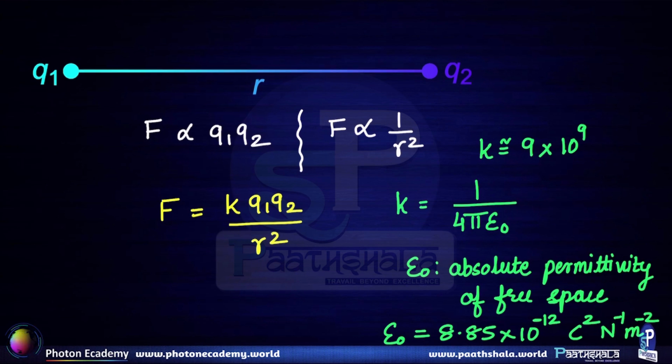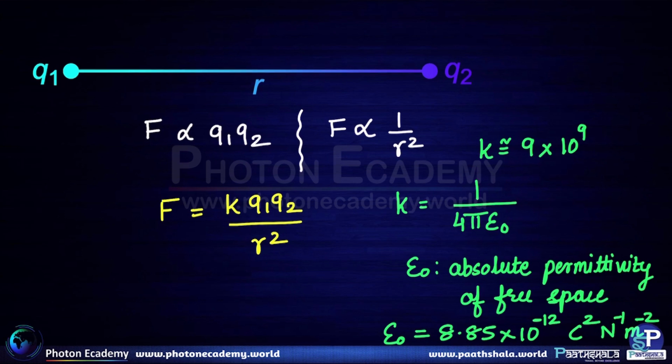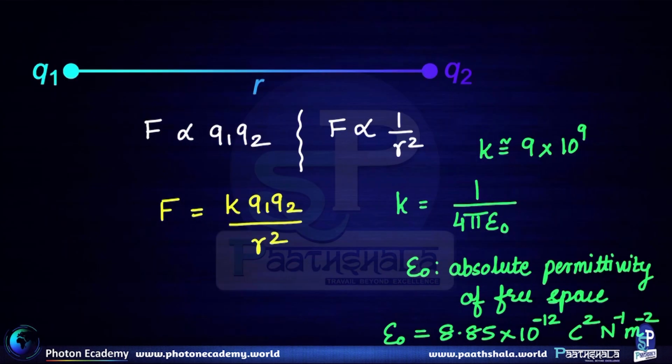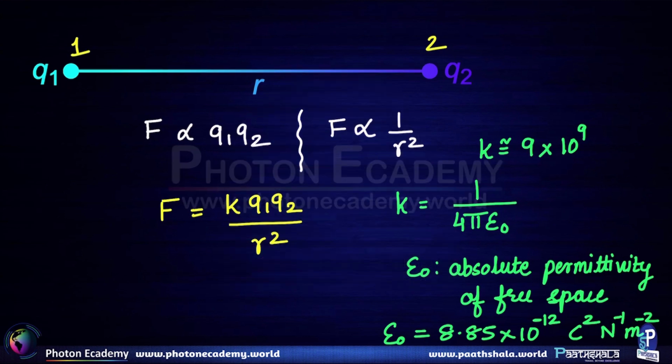Now let us see what happens when we want to express Coulomb's law in the vectorial form. So in the vectorial form, what can we write? We can effectively write F21, that is the force on charge 2 because of charge 1.